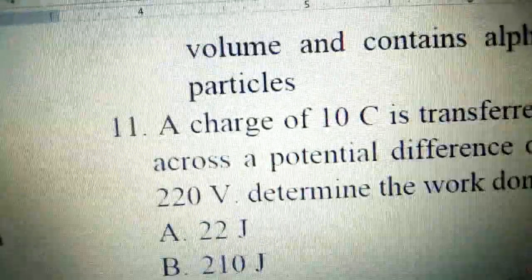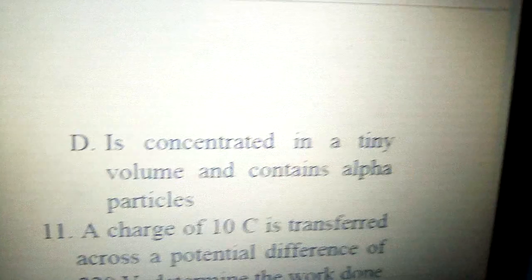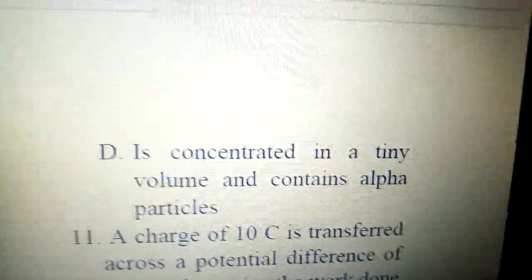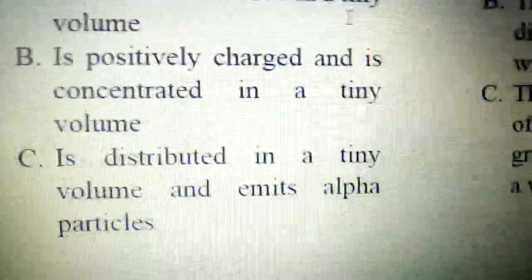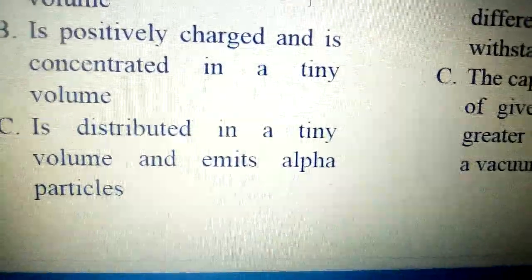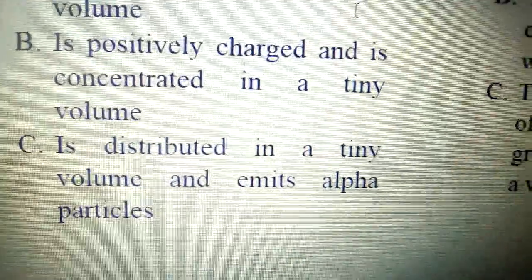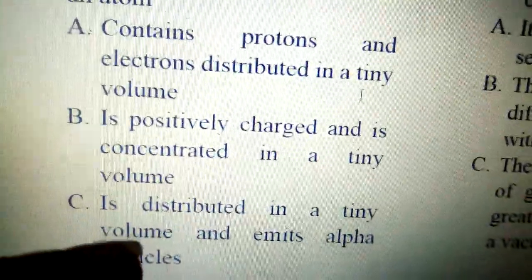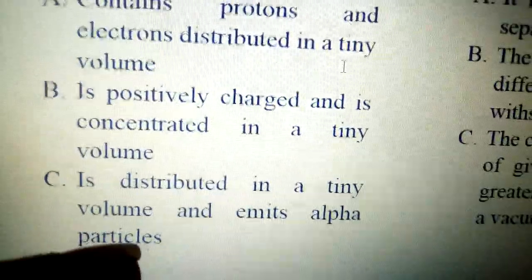And D, is concentrated in a tiny volume and contains alpha particles. The answer to number 10 is B, is positively charged and concentrated in a tiny volume. Those positive particles are the protons. This experiment led to the discovery of the proton by Ernest Rutherford.